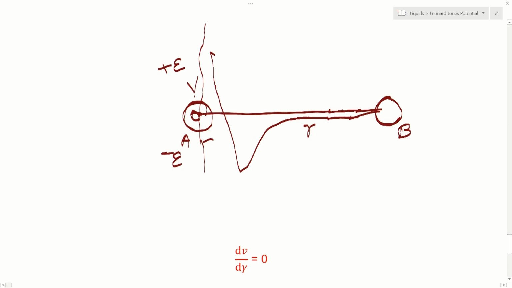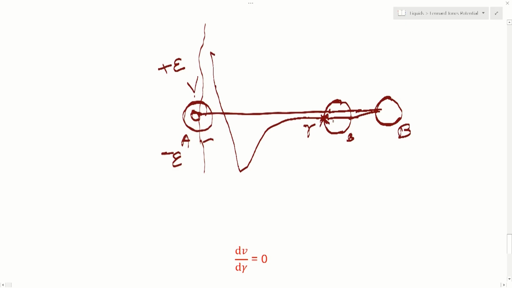When we assume that molecule B is somewhere here, it is getting an attractive force. Then the potential energy of the molecule is due to the force of attraction between the two interacting molecules.